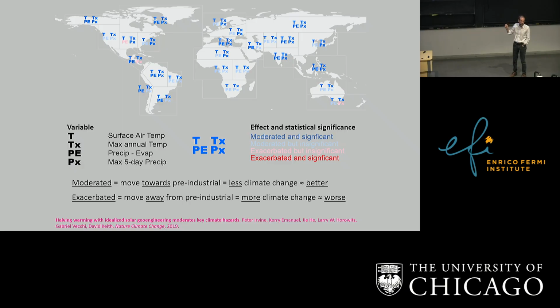We looked at four variables that we argue are among the most important in determining climate impacts. First, annual average temperature, which is the most important overall driver of climate impacts. Second, extreme temperature, which tends to drive heat waves and deaths. Third, precipitation minus evaporation, which tells you about the water available, runoff, and water available to crops.